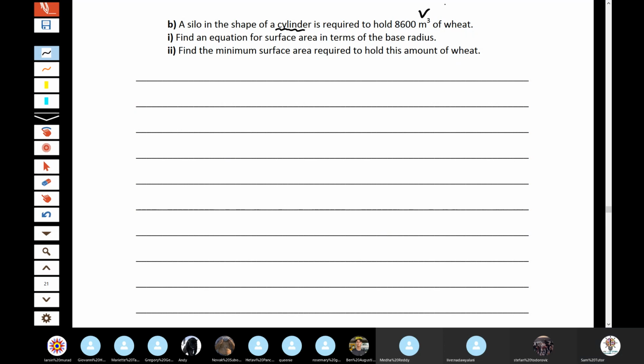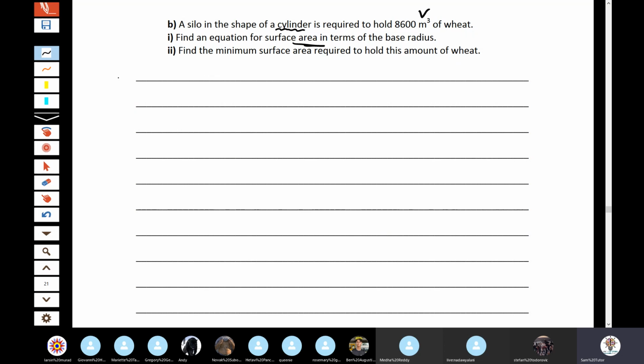Volume, and there's one more. Radius is always there anyway, isn't it? You're going to use that in terms of the base radius. That means it has to all be R. That's the word: area. Now you just found out your 2 equations. One's going to be the area of a cylinder. The other one's going to be the volume of a cylinder. It didn't say volume. You have to realize it's volume because it says cubic meters, exactly like rates of change.